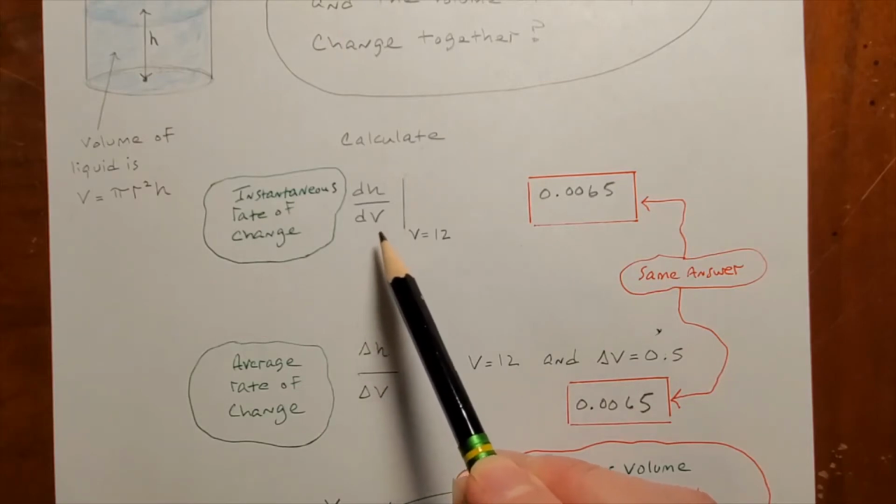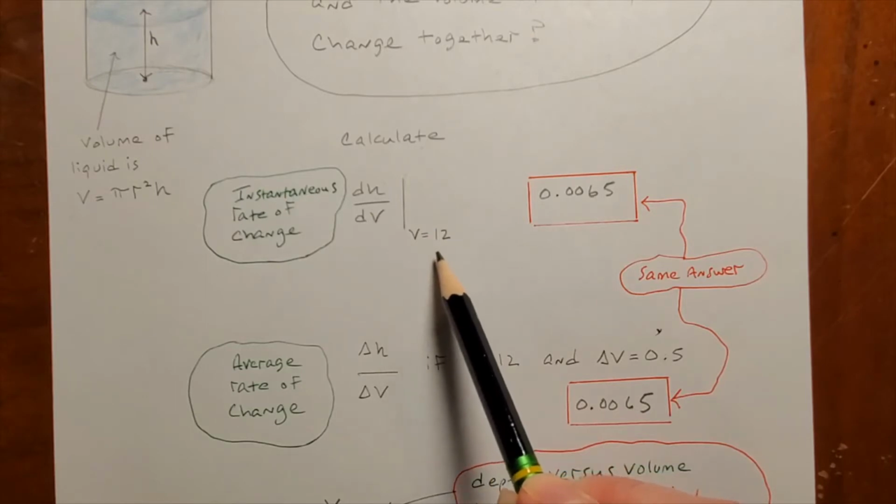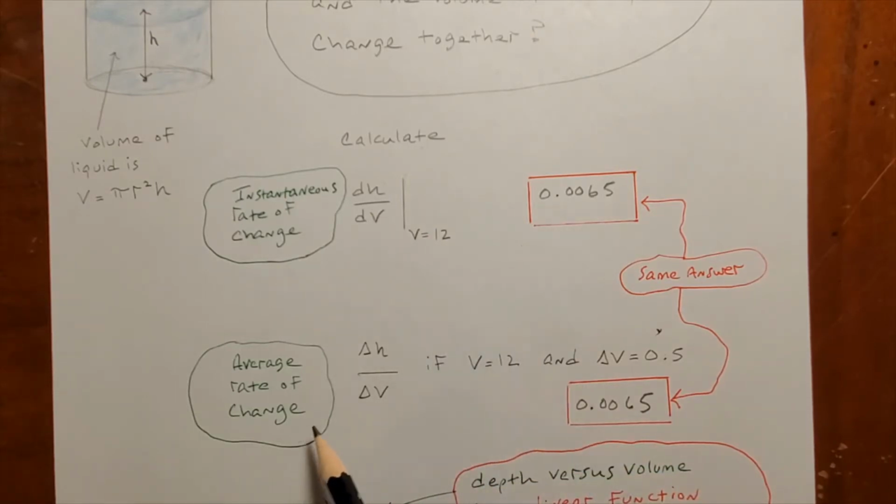Specifically, calculate the derivative of the depth with respect to volume when the volume is 12 cubic centimeters, and calculate delta H over delta V if the volume is 12 cubic centimeters and changes by half of a cubic centimeter. You'll get the same results.